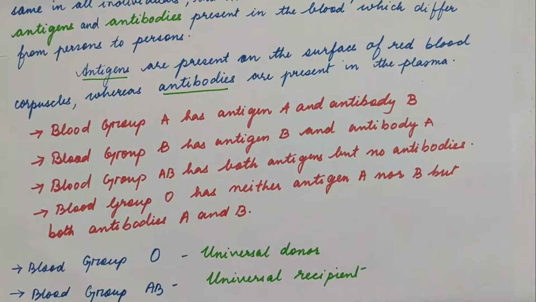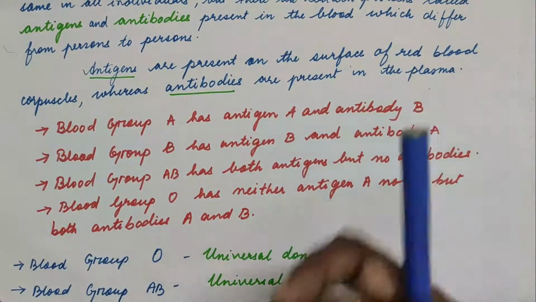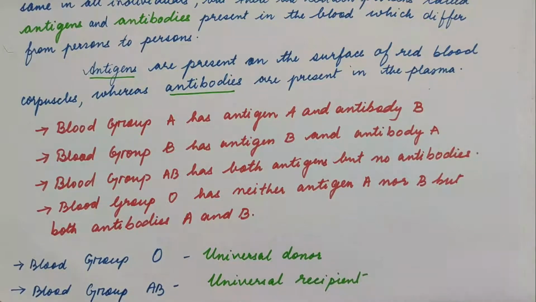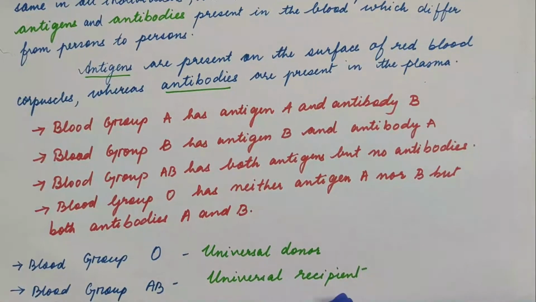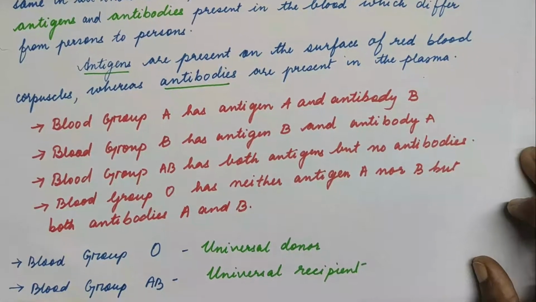Each antibody binds with a specific antigen like a key in a lock. So if the blood of a wrong group comes into your body, there will be clumping, and thus it can lead to blood infections and even death. So you have to be very careful when you donate blood to different blood groups. O is the universal donor and blood group AB is the universal recipient.